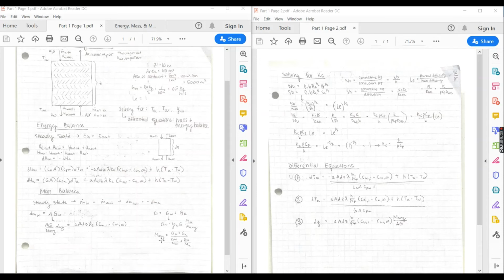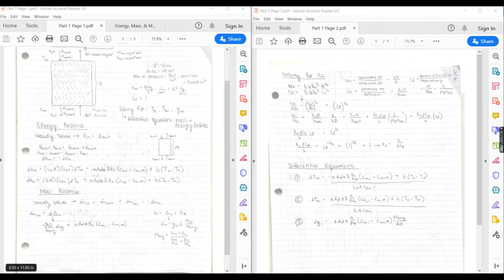And this average molecular weight can be found by this equation here, where we have the sum of the mass flows of the air and water divided by the mass flow of the water over the molecular weight of water plus the mass flow of the air over the molecular weight of the air. So once we have this value, we can then rewrite our flux of water in terms of its molar flux.